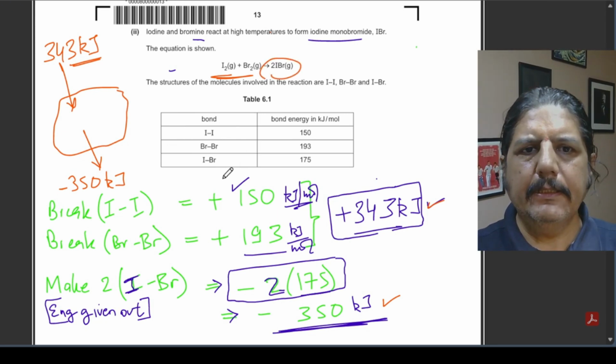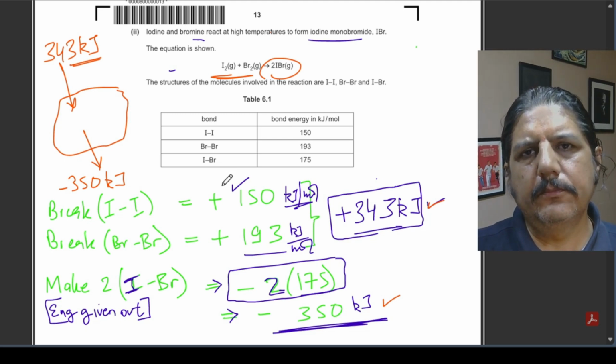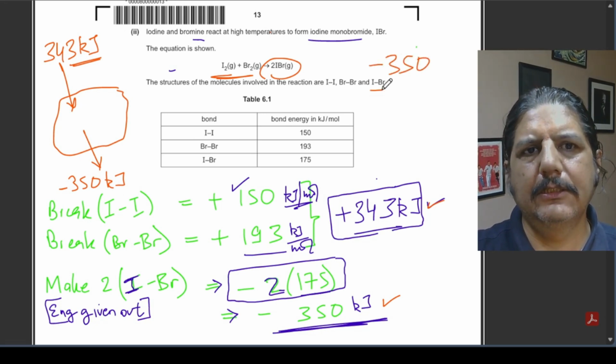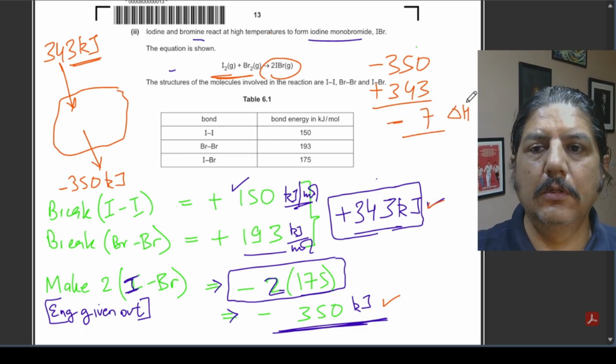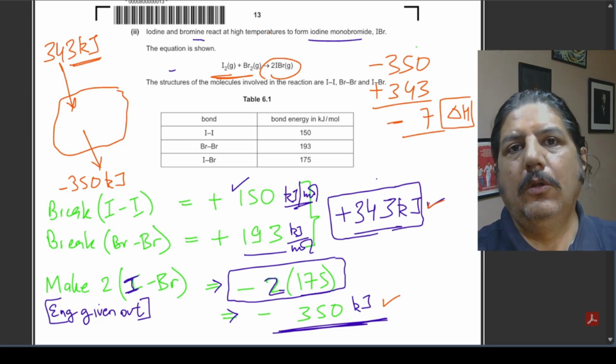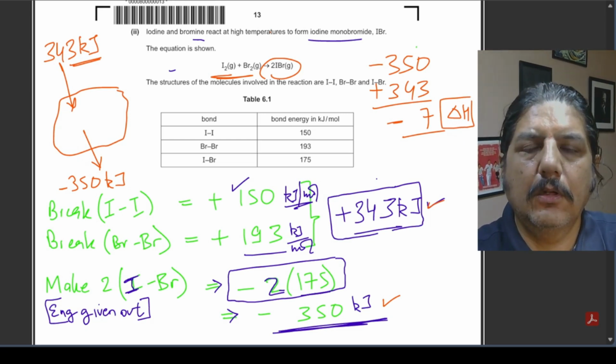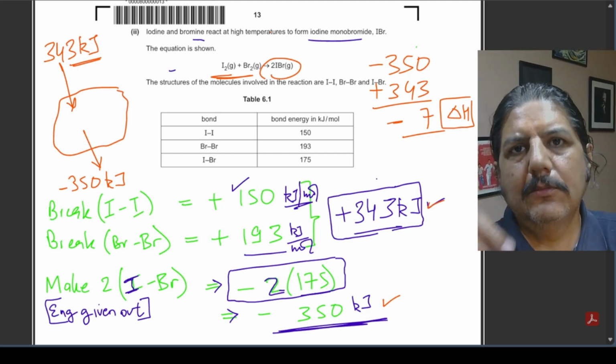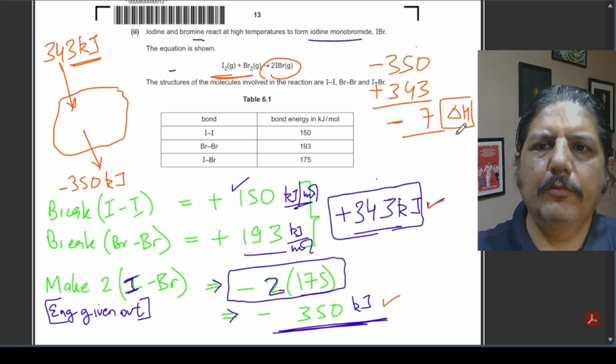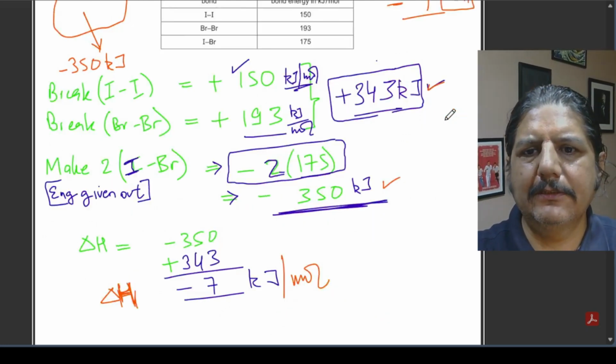This is the amount of energy which the system would release when the products are formed. So the net energy which is released, because in this case the negative sign is more than the positive side, is 7 kilojoule. So our answer would be delta H is minus 7.